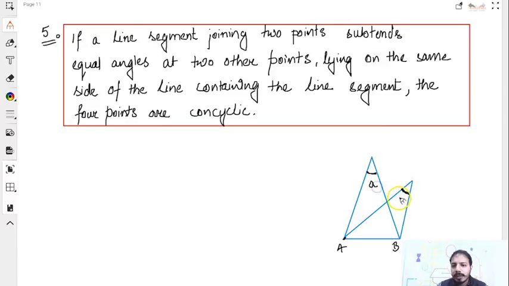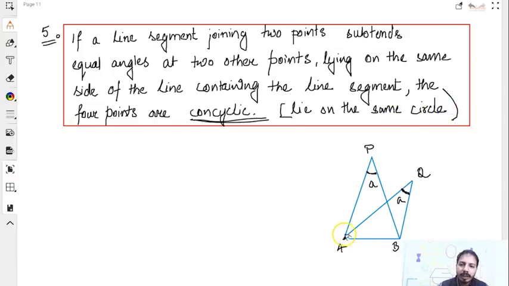So this is also angle A. And say this point is P and this point is Q. So what they are basically trying to say is that all these points P, Q, A, B will lie on the same circle, or they will be concyclic. Concyclic means these points A, P, Q, B will lie on the same circle.